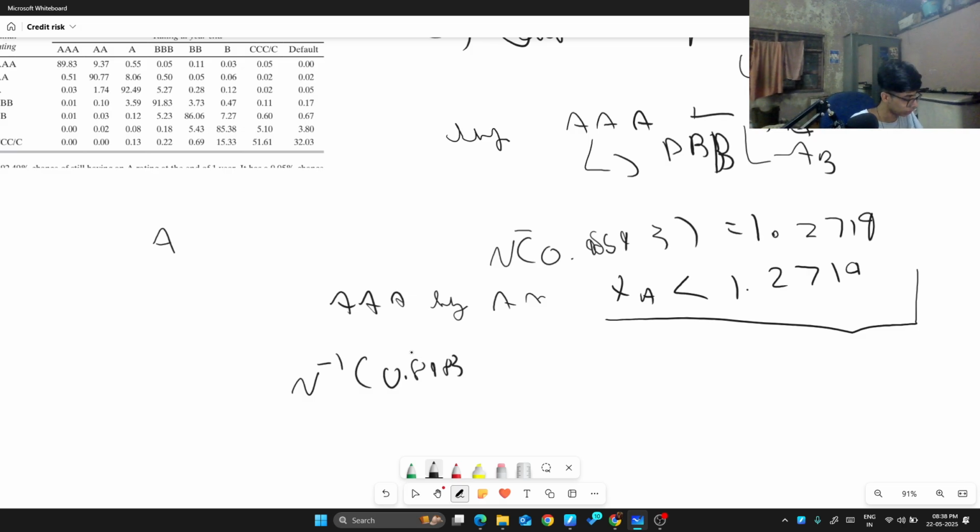And if 0.8983 transition into triple A, AAA transition into double A. So our transition matrix would be this.